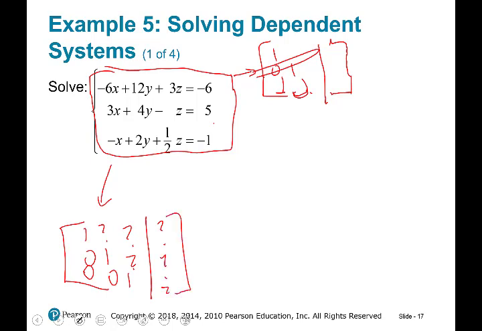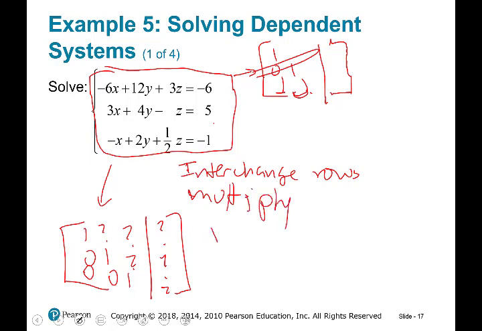Okay. So it's like playing chess, right? You just come up with different strategies. Remember you can interchange rows, multiply by constants, or perform operations.